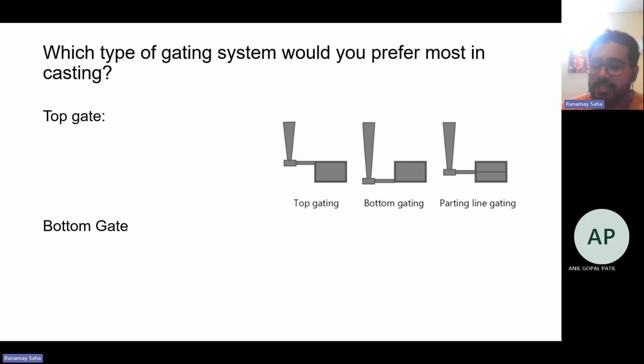Now, what are the advantages and disadvantages of top gating? So first of all, what is top gating? The molten metal comes from the top of the sprue, then starts filling up from the top. The bottom surface is exposed to the ambient atmosphere, and any metal which comes in contact with the bottom surface gets solidified first, and subsequently layer by layer all the layers go on solidifying until the last level, the top surface, gets solidified.